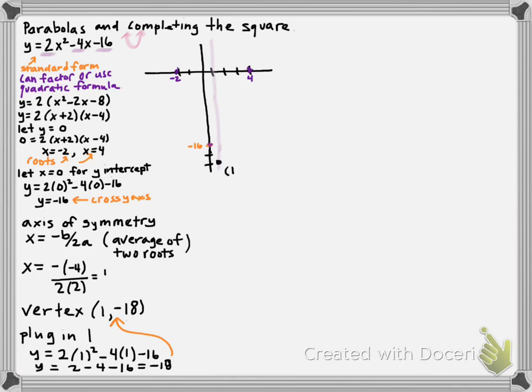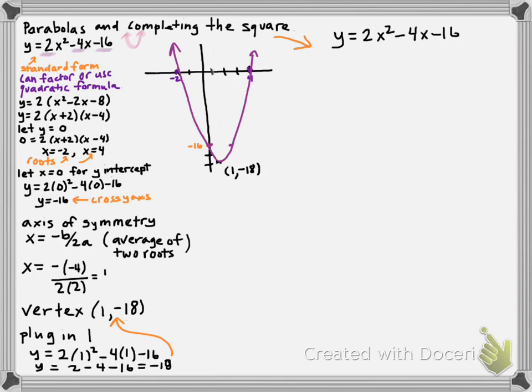I can put that down there, and I think I'm ready to graph my parabola. There it is, opens up, completely symmetric about x equals 1. I even erased that axis of symmetry because I don't really need it anymore.